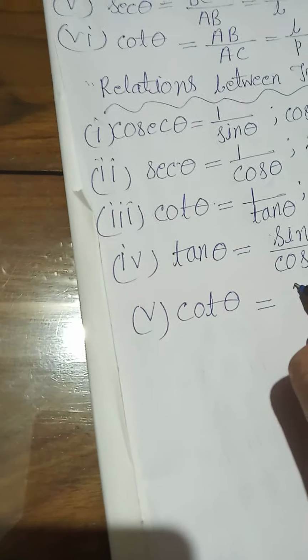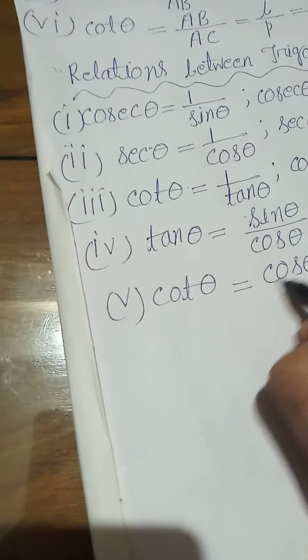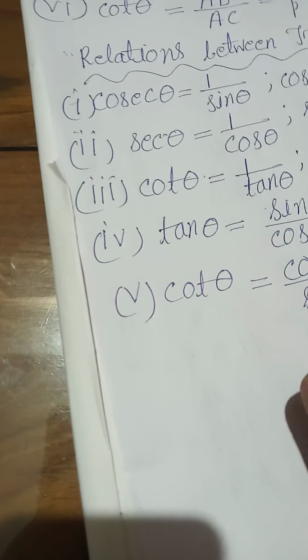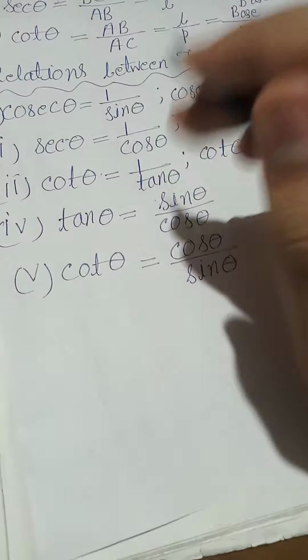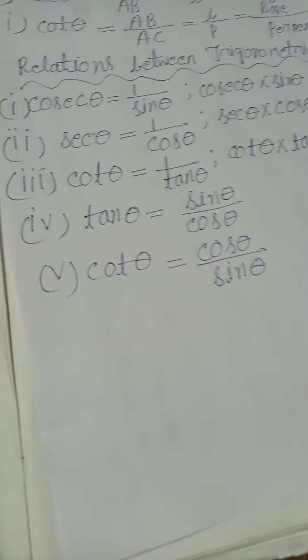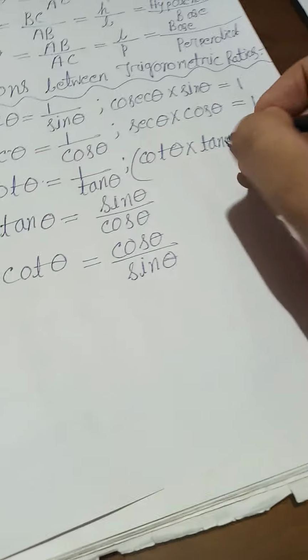Cot theta means cos theta by sin theta. So here are the relations between the trigonometric ratios, which means the reciprocals. Sin theta and cosec theta are reciprocals to each other. Similarly, cos theta and sec theta are reciprocals to each other, and cot theta and tan theta are reciprocals to each other.